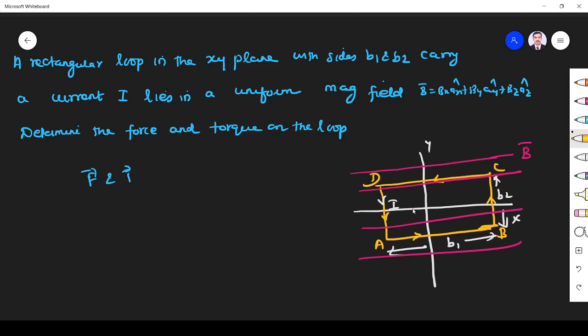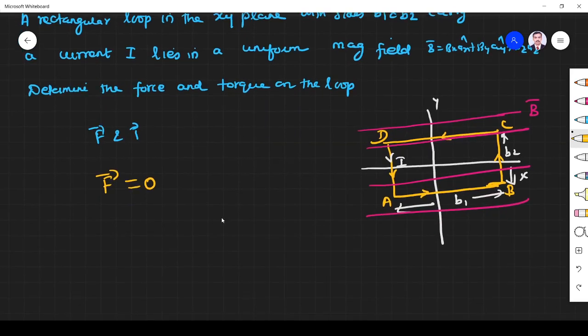We know whenever a closed loop is placed in a magnetic field, the net force it experiences is 0. We are going to prove that for this problem. Only torque will be non-zero.